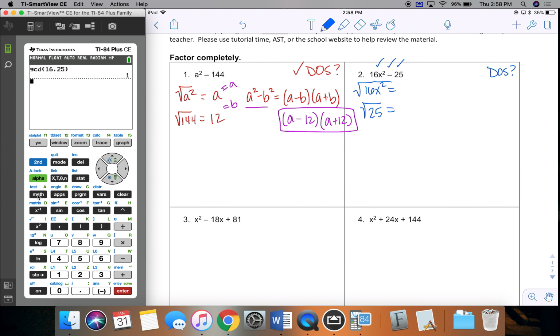So the square root of 16 is 4, the square root of x squared is x, the square root of 25 is 5. So this is my a, this is my b. Remember, you start with a squared, so whatever is in front is a, whatever is behind is b. So I do a minus b and a plus b.